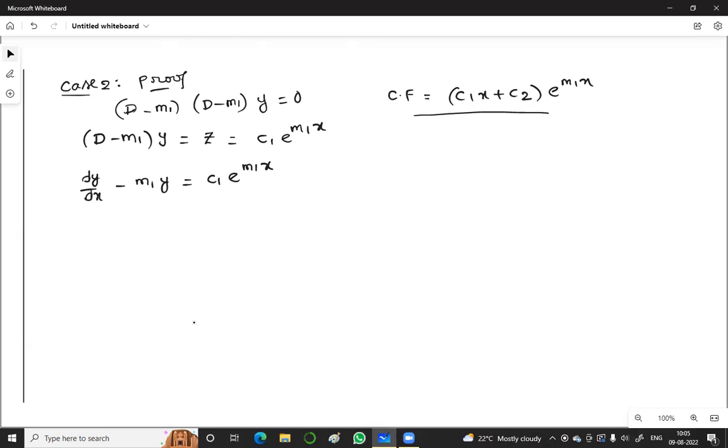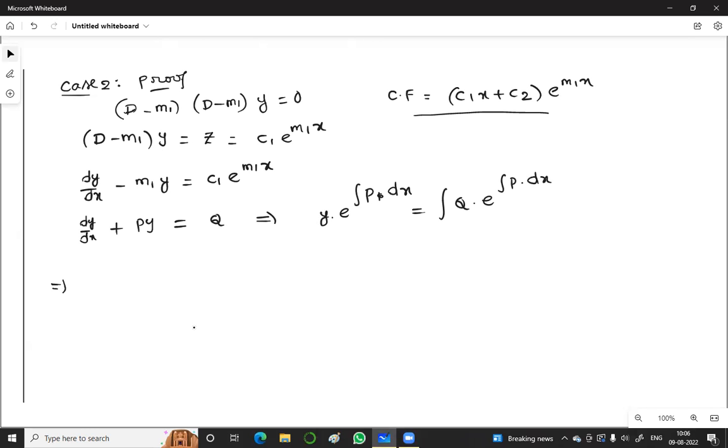Now see, this also satisfies the linear Leibniz formula, dy by dx plus py is equal to q. So what is the solution? Y into e to the power integration of p dx is equal to integration of q into e to the power integration of p dx.